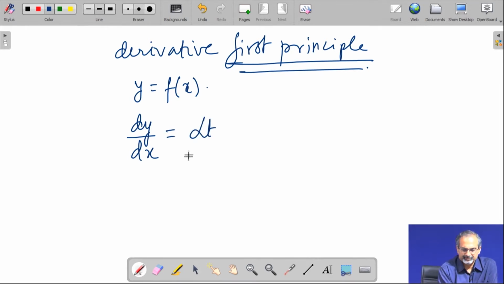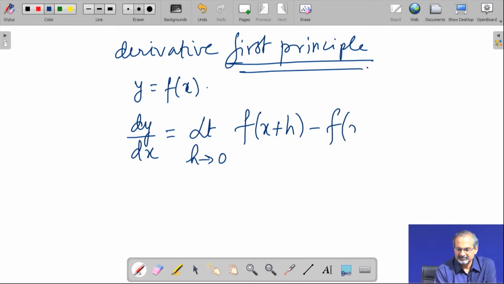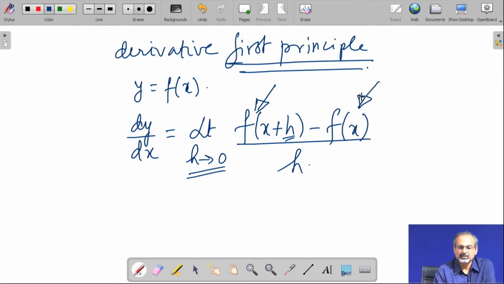Often we would say this is how you calculate the derivative, and then the h that we have used here limits to 0, which means it is a very, very small distance, infinitesimal distance away from the point x, where we are trying to obtain the functional value and then subtracting it from the functional value at the point x and dividing it by that small distance to obtain the derivative.